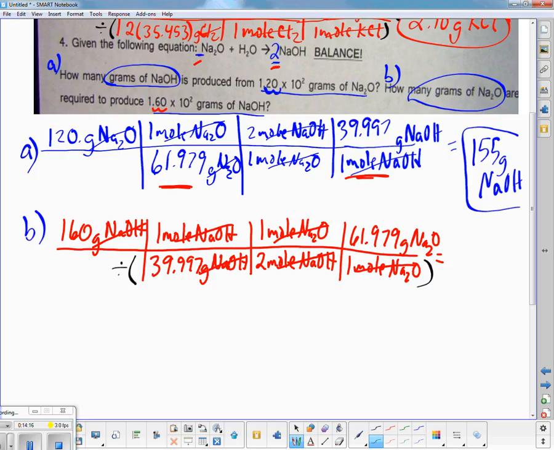Should be about 120. About. Anybody got that through? About 120, I guess. 123.9, so 124 grams Na2O.